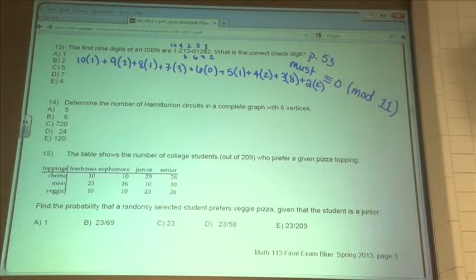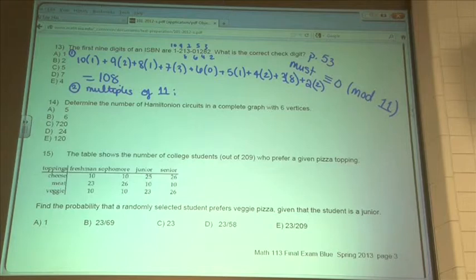10 times 1 plus 9 times 2, 8 times 1, 7 times 3, 6 times 0, 5 times 1, 4 times 2, 3 times 8, and 2 times 2. I got a sum of 108. Now we have to look at multiples of 11. If you do 11 times 10, that's 110.